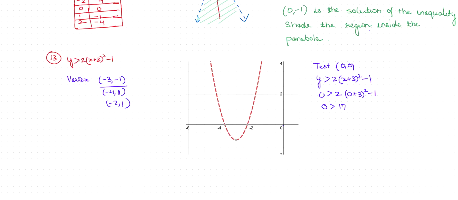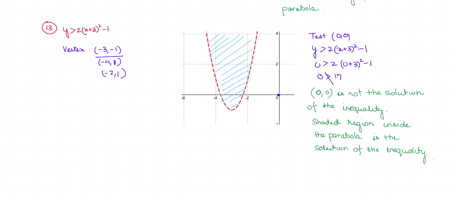When we test for 0, 0, we get 0 is greater than 17, which is not true. So 0, 0 lying here is not part of the solution. So the region outside the parabola is not the solution. So the region inside the parabola is part of the solution. So we've shaded inside the parabola and that is the solution of the inequality given here.